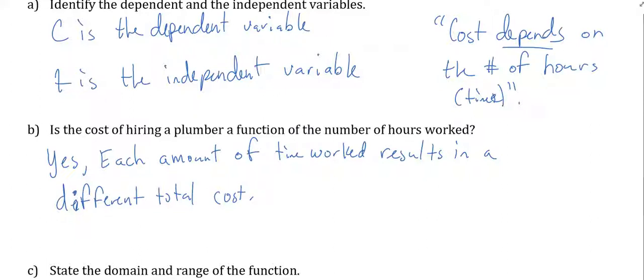You work for 2.5 hours, it's going to cost something else. 2 hours and 50 minutes, it's going to cost something else. So every amount of time that you work will have a different cost. You will never have the same cost, right? And that makes sense. If you had some equation that wasn't a function and you worked for 3 hours and it gave you 2 answers, how would you know which one to pay, right? So it wouldn't make any sense. Also, this is a straight line.